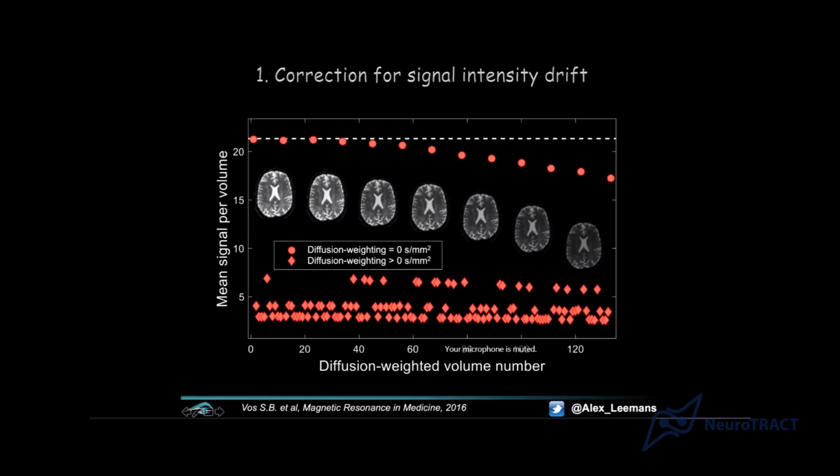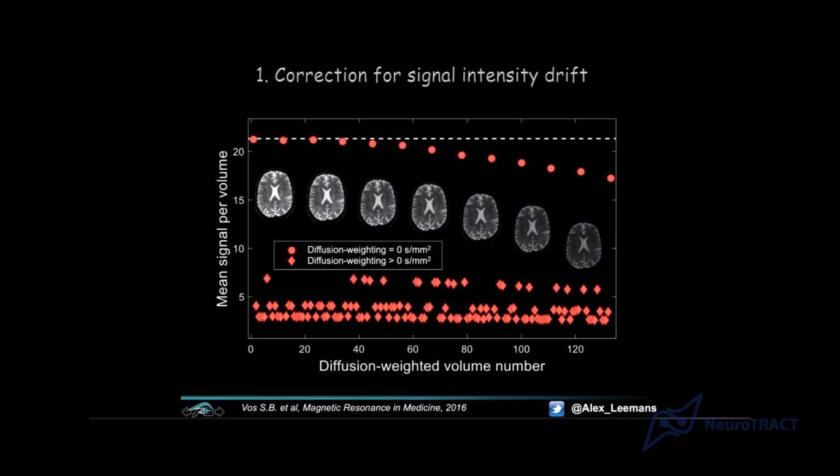Remember, a higher B value allows these molecules to diffuse further and longer, meaning more diffusion. More diffusion means lower signal. That's why you see the 3 rows, with different signal intensities on average. The lowest row is the highest B value.